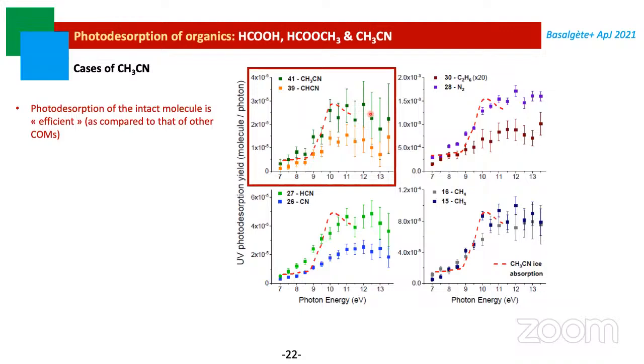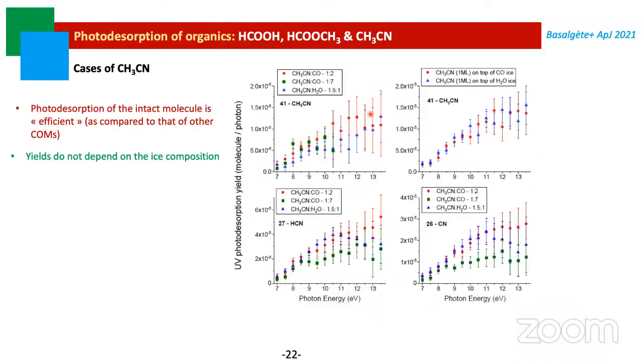Also, if you change the ice in which CH3CN is embedded, you would expect some difference. And in fact, it's exactly like the other organics. There is absolutely no difference, neither in yields nor in photon energy dependence, whether you take acetonitrile in water, in CO, or pure. Okay, for a modeler, it's really cool because you've got actually one value to consider. For us, it's more tricky to understand what's going on.